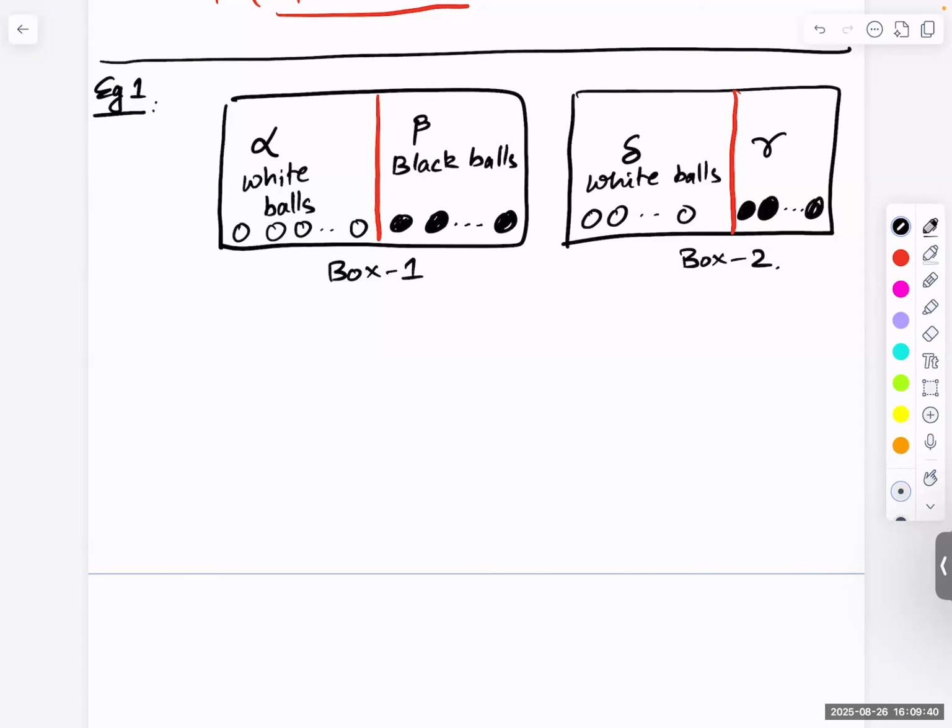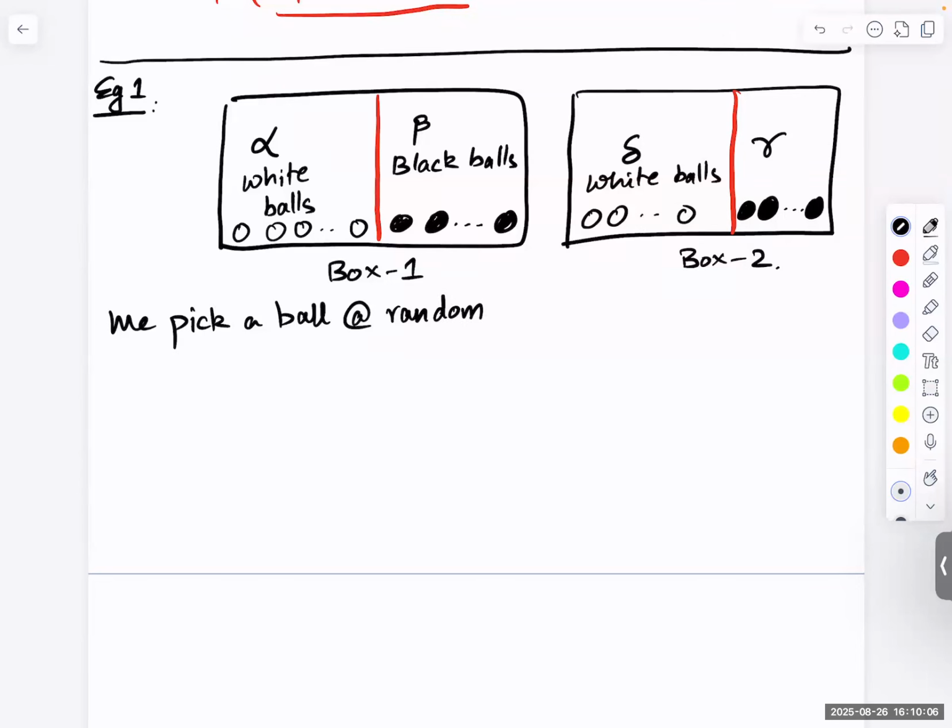You can pick your favorite numbers and plug them in for fun. Okay. What's the experiment? We pick a ball at random without looking. We put our hand inside the left box, box number 1. We don't know which one we're going to pick, either white or black, but at random.